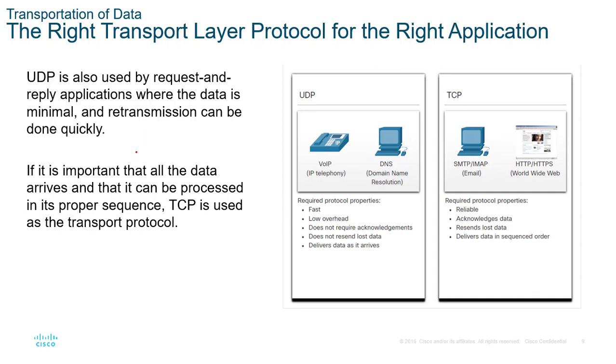If it's important that all the data arrive and that it be properly processed in the proper sequence, then you're best to use the transmission control protocol at the transport layer. So these application layer protocols, such as voice over IP, IP telephony, the domain name resolution service, or DNS, email, the simple mail transfer protocol or the internet message access protocol, and World Wide Web applications, the hypertext transfer protocol or the secure version of that.